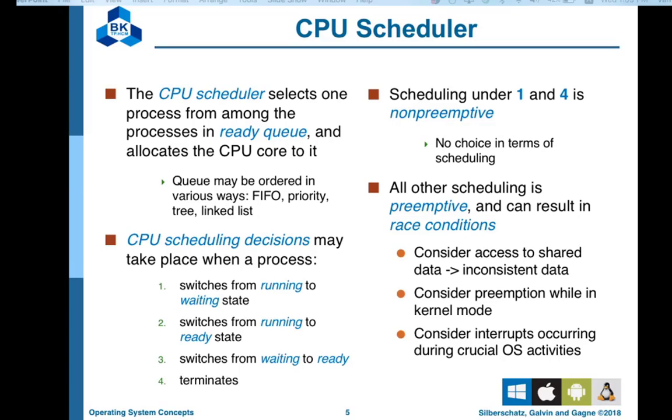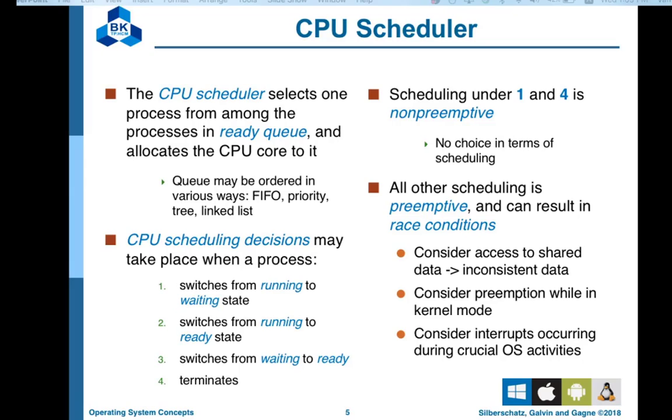Okay, so when we say non-preemptive scheduling, it means that once the CPU has been allocated to a process, the process will keep the CPU until it releases it by terminating or by switching to the waiting state, asking for I/O.